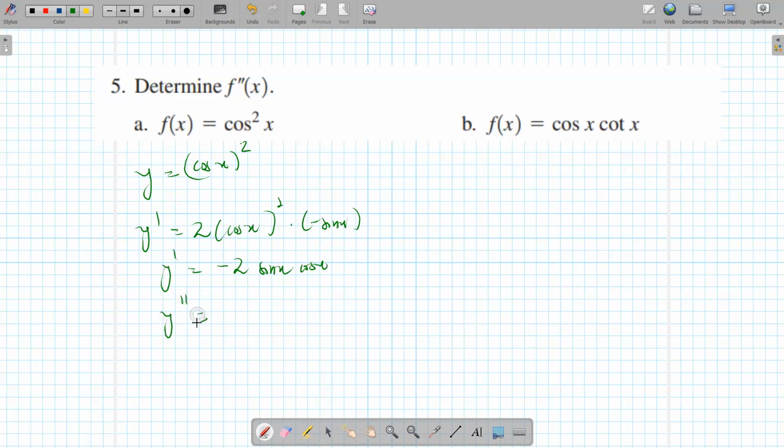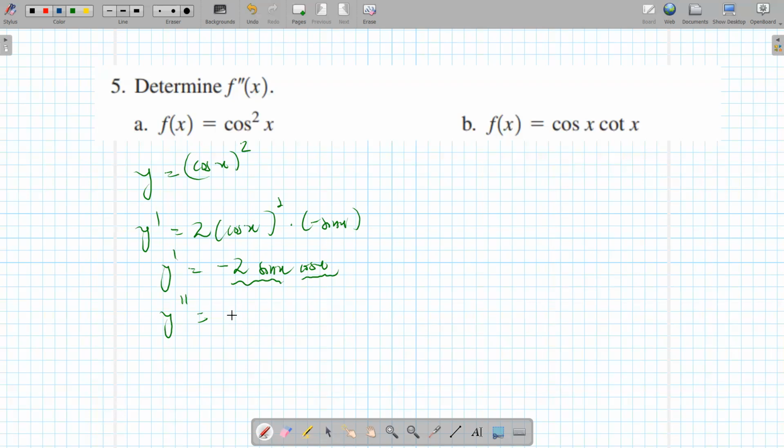Then we got to go a level deeper. You got to use the product rule. You can treat this as your f, and you can treat this as your g. What is the derivative of negative 2 sine x? Negative 2 cosine x.